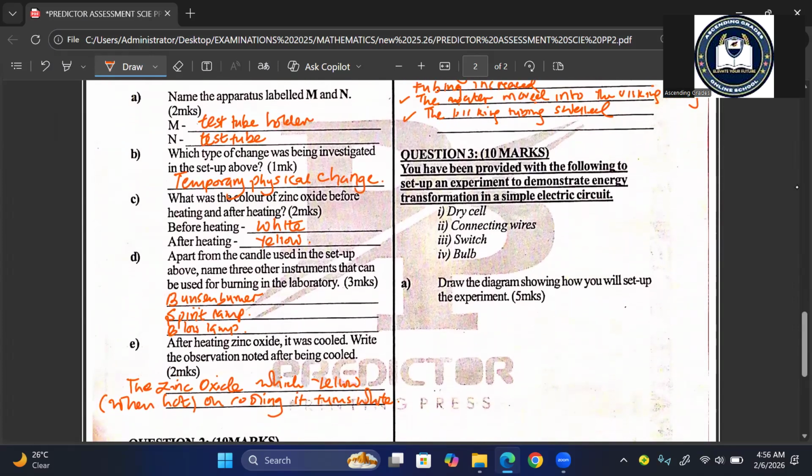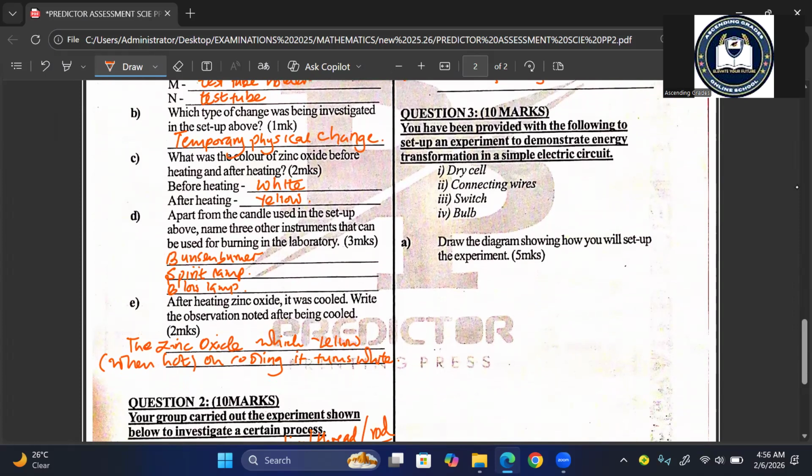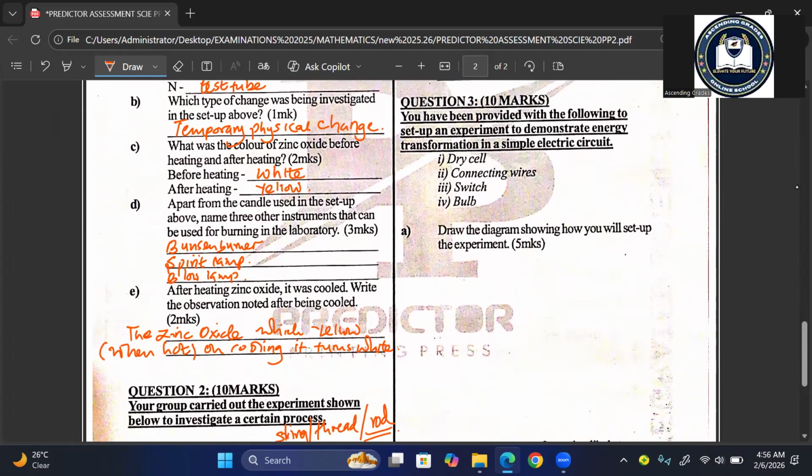Question 3 is about force and energy. Then you're told you've been provided with the following setup.